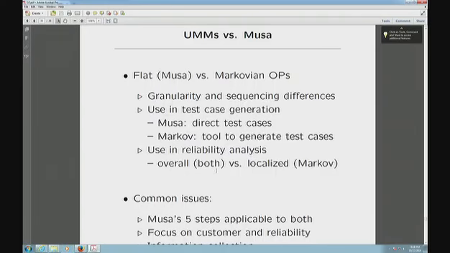But from Musa, building a Markov model is probably going to be hard. Musa is simple and flat; it gives the whole operations. Markov breaks the operations down into individual stages and gives you localized information about the probabilities. So the Markov operational profile is probably more powerful, while Musa is simpler. They have their own advantages and disadvantages.